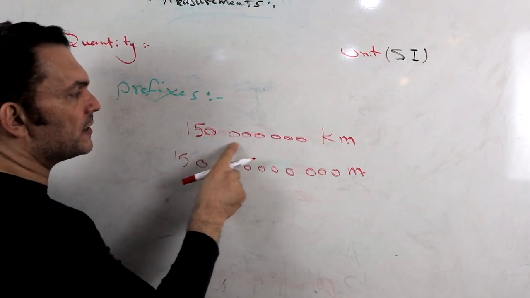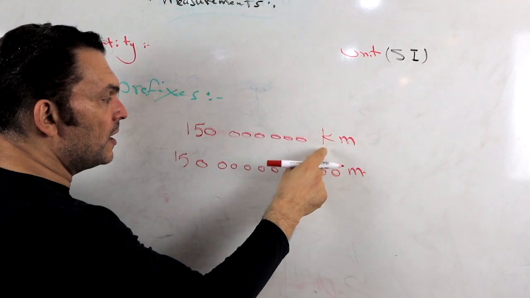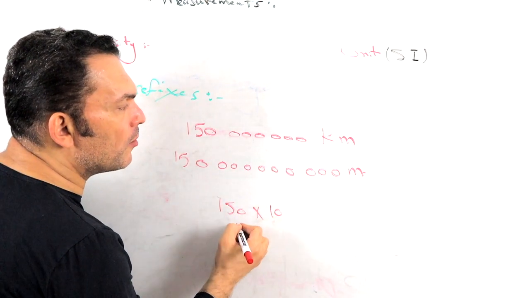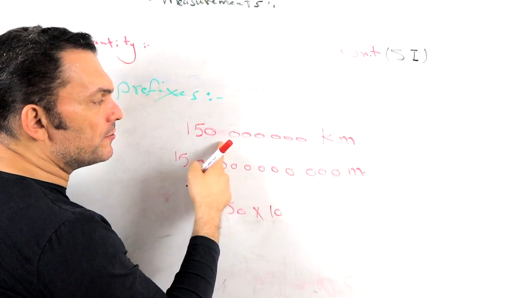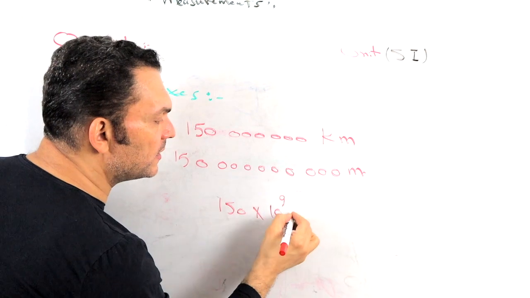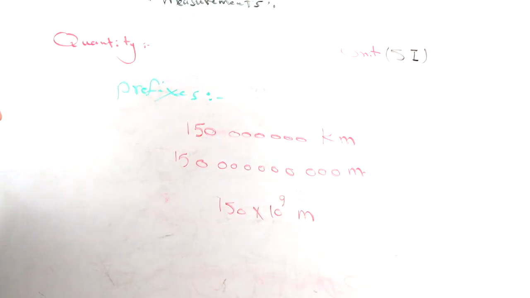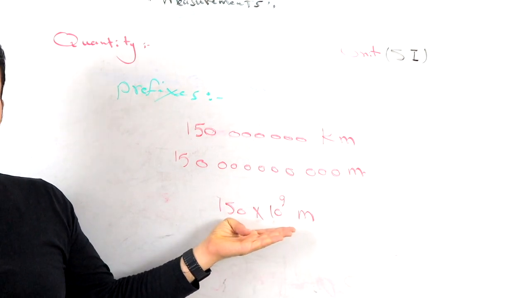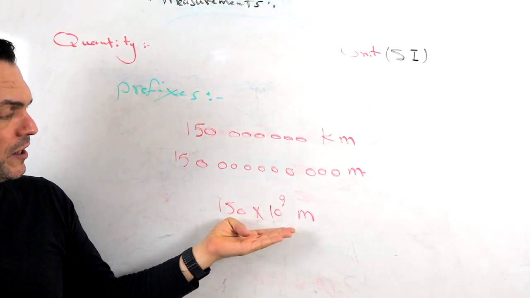Instead of writing 150 million kilometers, I'm going to write 150 times 10 power 6 for the 6 zeros and 3 zeros for kilo. So I'm going to write here times 10 power 9 meters. So this is an expression to give us the distance between Earth and the Sun.